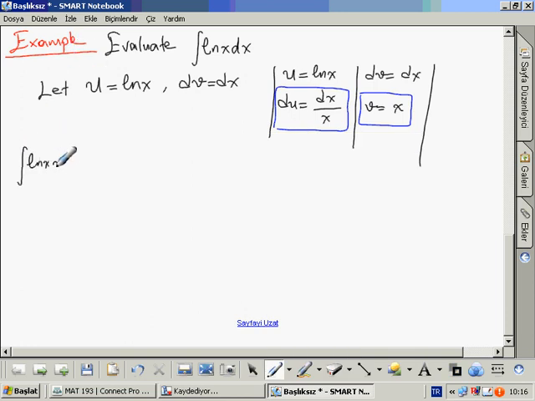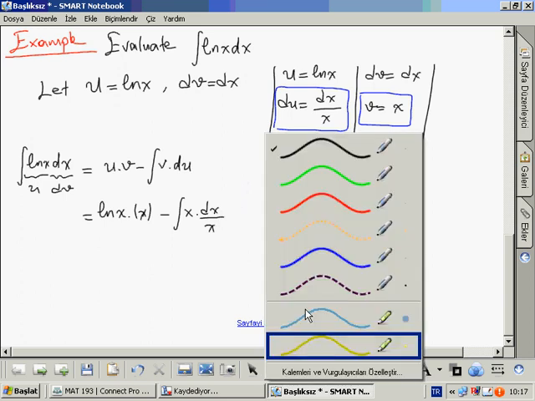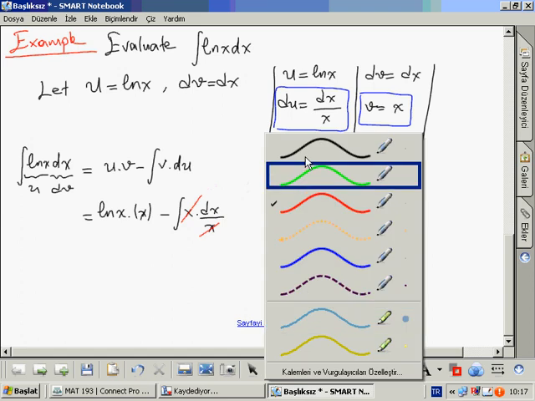The integral of ln x ∂x, it is u and that is ∂v, equals u times v minus the integral of v times ∂u, equals ln x times x minus the integral of x times (1/x), and these parts will be cancelled, of course.